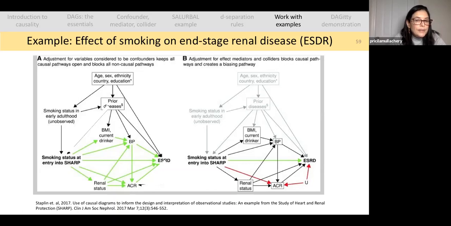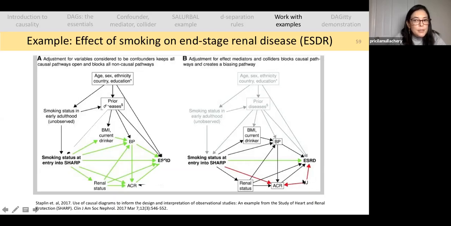This is also a way that you can look at slightly different models if you are unsure. In this case, they were unsure about the causal mechanism. In one model, they thought the ACR would be just a mediator. And in this case, they thought the ACR would be a mediator, but at the same time a common cause, it would be a cause of this unknown, unmeasured variable.